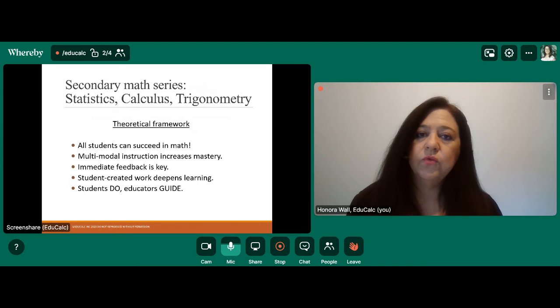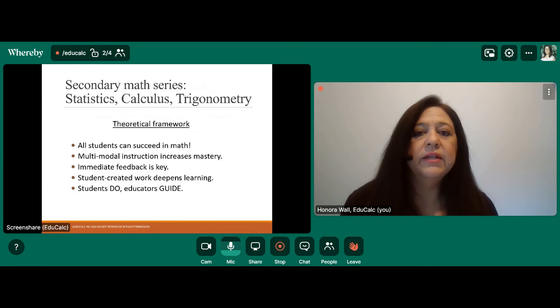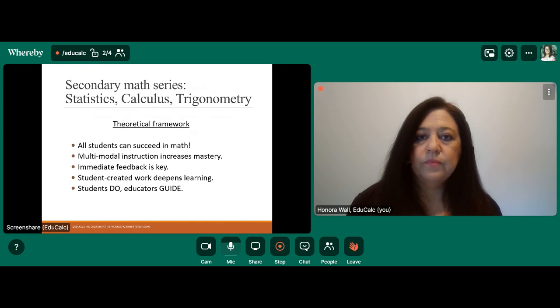A lot of it comes from multimodal instruction. If you're not familiar with multimodal instruction, the good news is it's very simple to incorporate into any classroom. And we're going to talk about the specific ways to do that without adding to your workload.